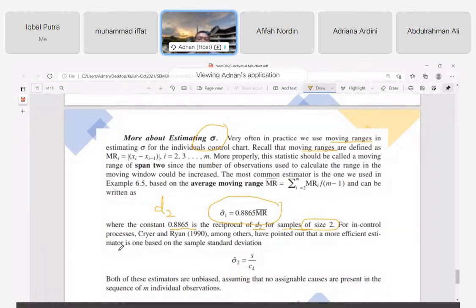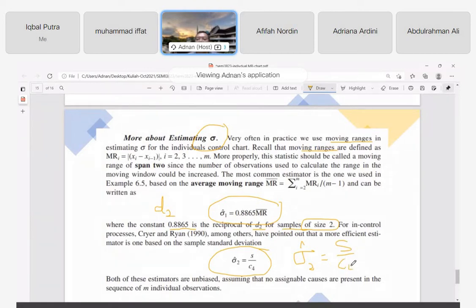For an in control process, the authors Ryan and Ren, among others, have pointed out that a more efficient estimate is one based on the sample standard deviation. So we can also estimate this sigma from S divided by C4.